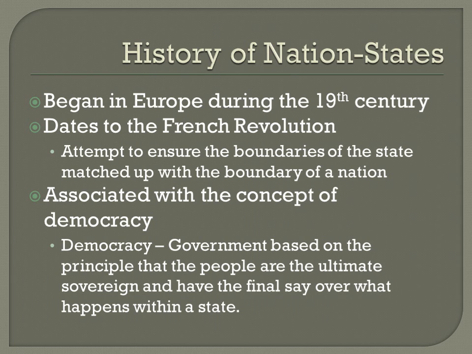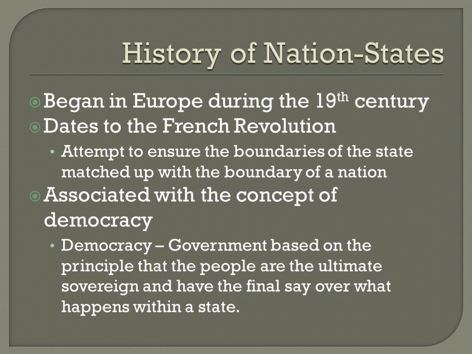And so nation-states, as far as an origin with the French Revolution, was an attempt to try and ensure that a particular group of people has the sovereignty to make decisions for their state, that they are the legitimate rulers of the state in which most of those people reside.